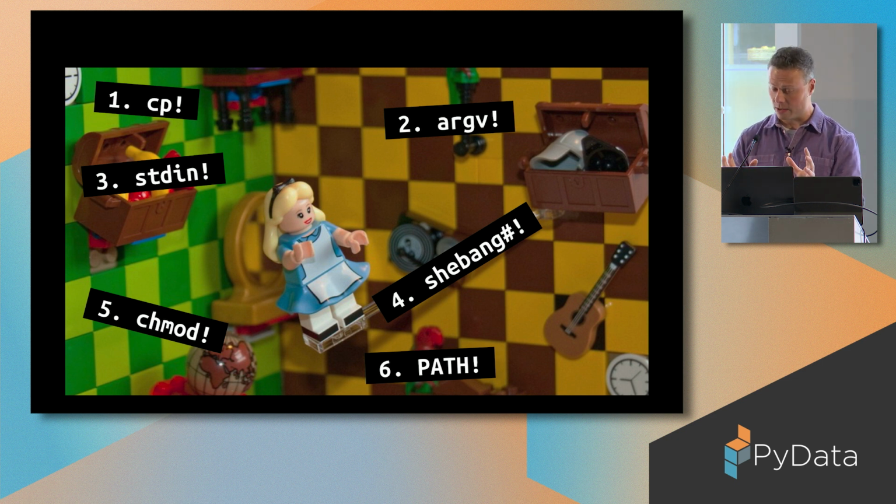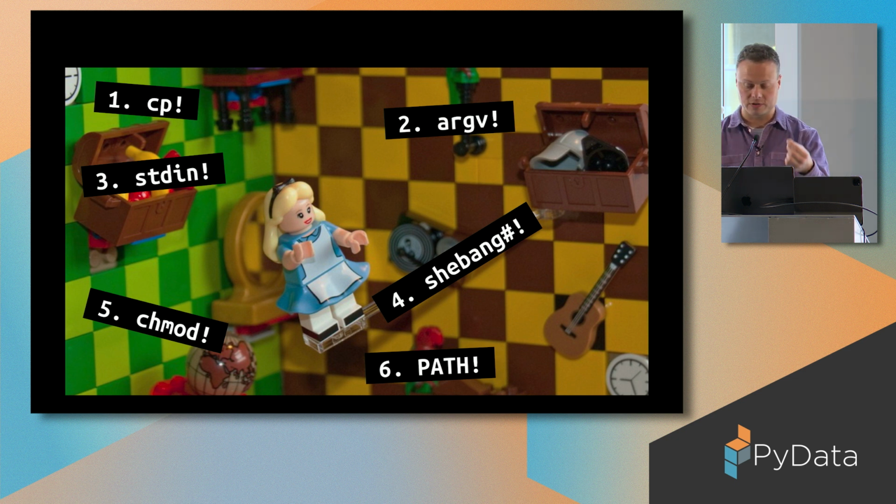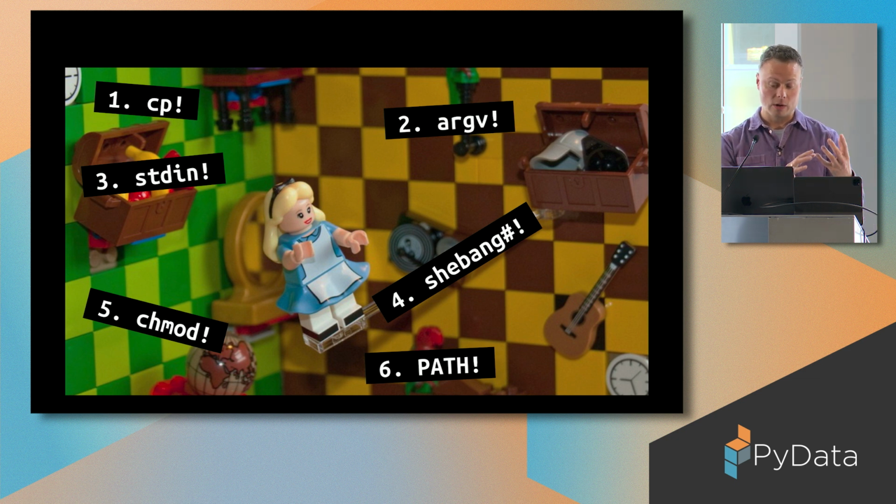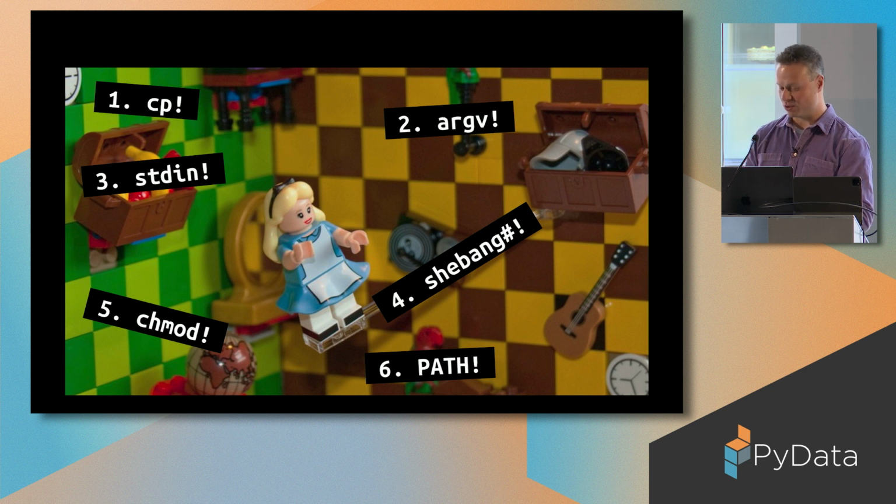Then as a fourth step, we're going to be looking at the very first line, the shebang line that our interpreted scripts could really use in order to start using them as a proper command line tool. I'll explain a little bit about making your code executable by changing the permission bits. And then lastly, I'll show you how to change your search path so that it really feels like a proper command line tool.